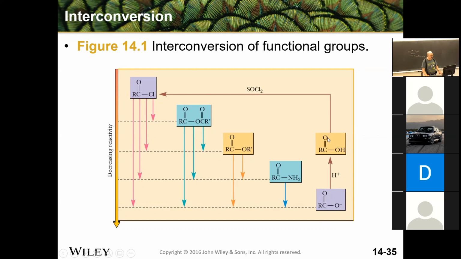Carboxylates can be converted back to carboxylic acids by adding strong acid, something like HCl. And then carboxylic acids can be converted to acid chlorides using something like thionyl chloride, SOCl2.